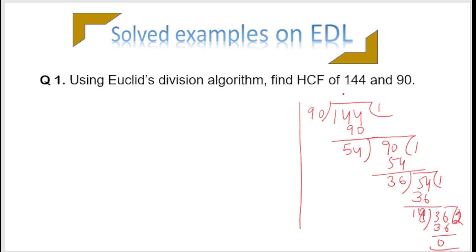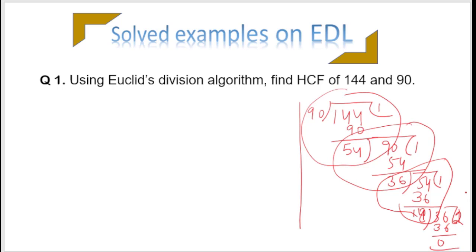The steps are, first is this step, second one is this step, third one is this step, and the fourth one is this. Now answering the question, we write here 144 is greater than 90, so applying EDL.